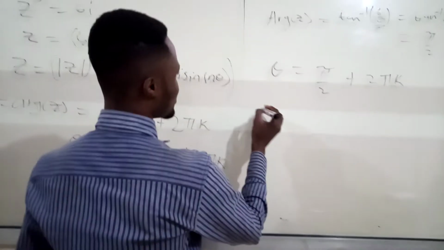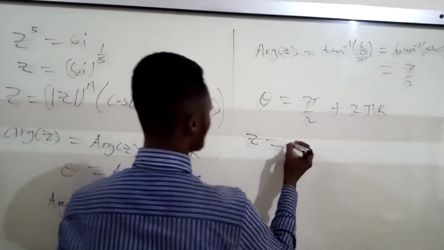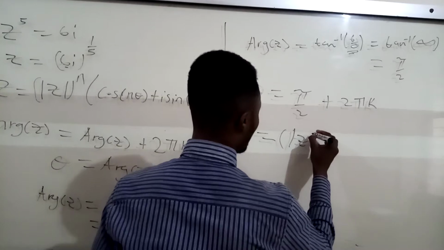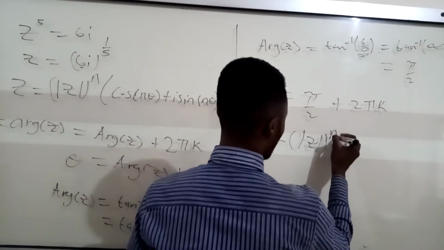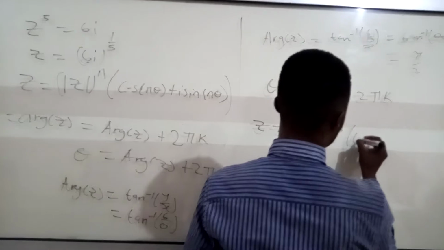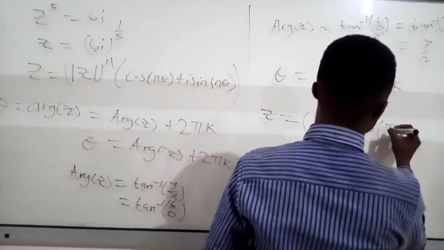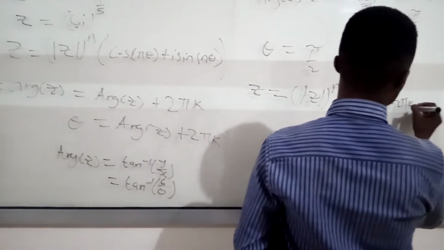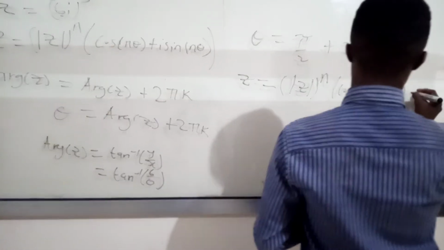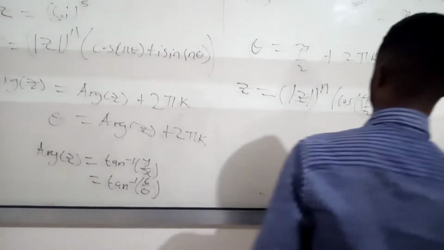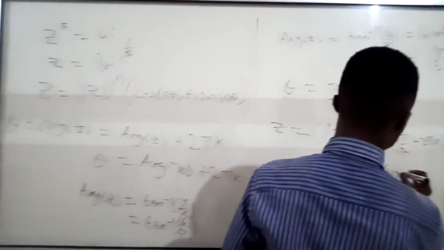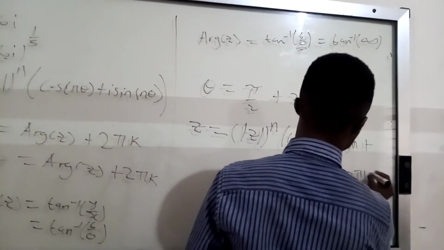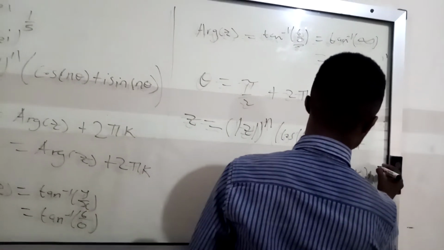So we have Z equal to the magnitude of Z raised to the power of n, then we have cos of pi on 2 plus 2 pi k times n, then i sin of pi on 2 plus 2 pi k times n.